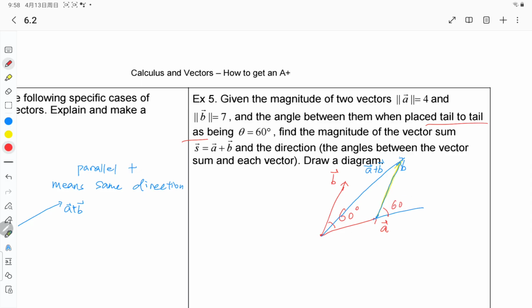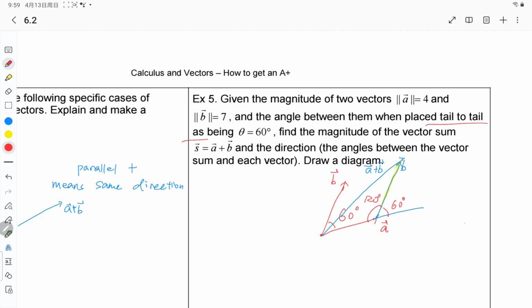Again, we want to construct some triangle and learn the magnitude of A plus B, right? And then this angle would be 120, right?